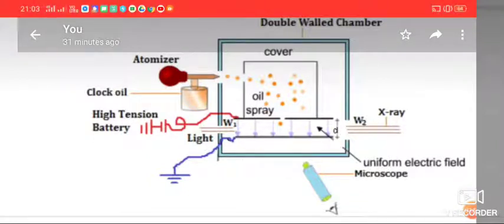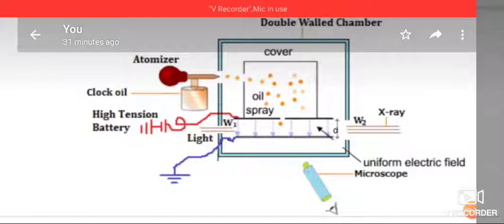This constant velocity is determined by observing the drop through a telescope. Millikan made thousands of observations on droplets of different liquids and different sizes. He found the value of the electric charge to be 1.59 at first. Now the currently accepted value of the charge on the electron is 1.602192 × 10^-19 coulomb. That is the charge of an electron.